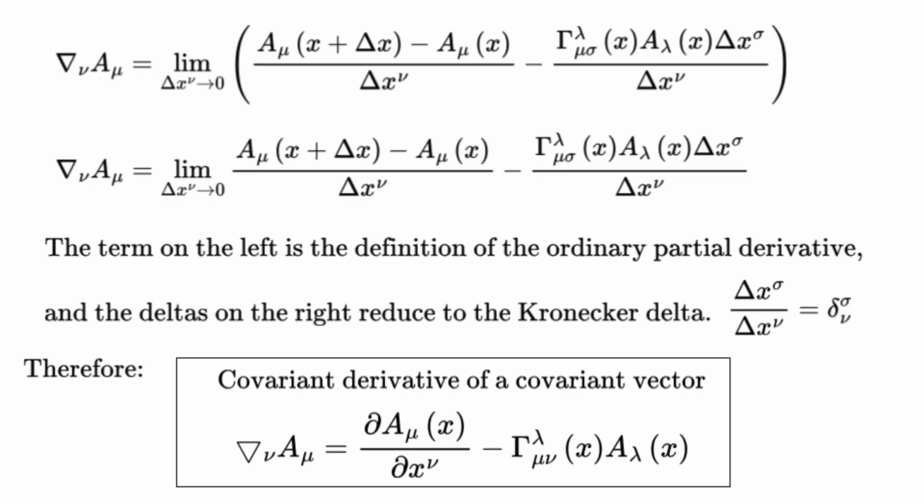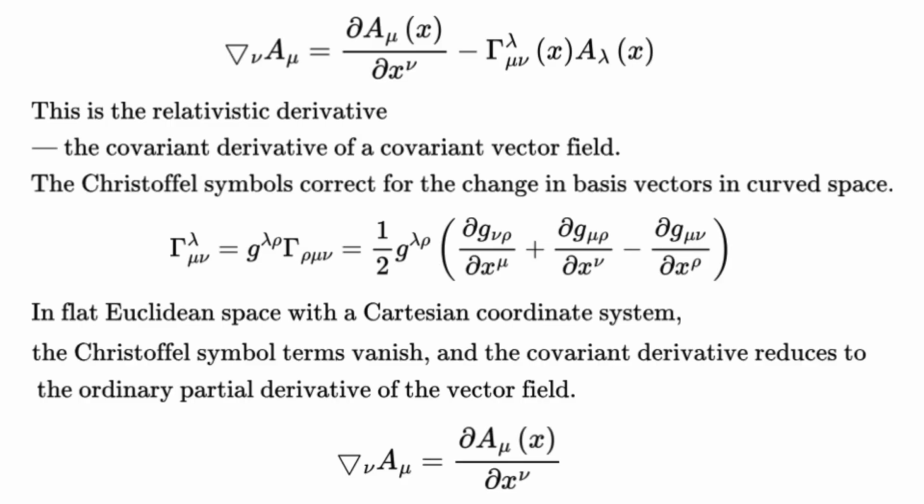The term on the left is the definition of the ordinary partial derivative, and the deltas on the right reduce to the Kronecker delta. Therefore, this is the relativistic derivative, the covariant derivative of a covariant vector field.